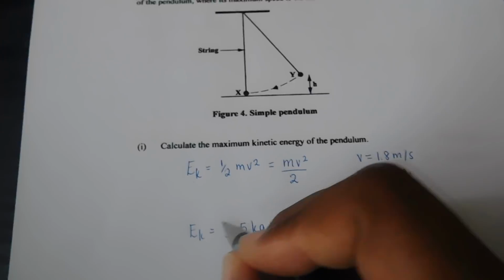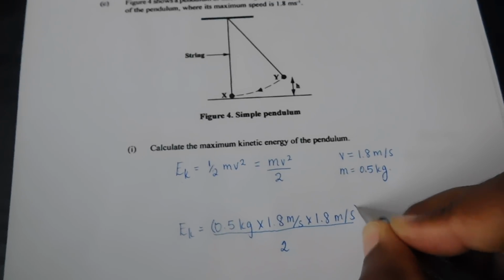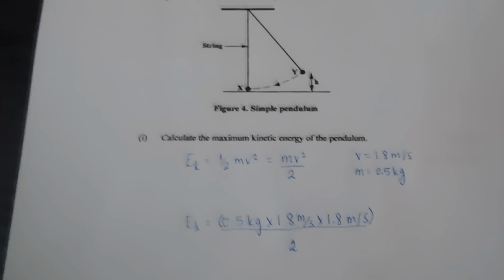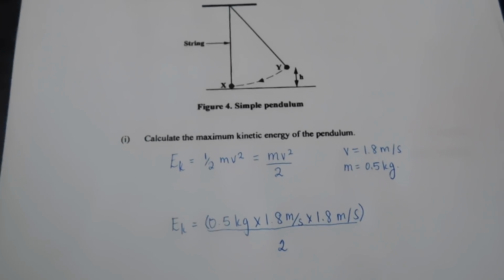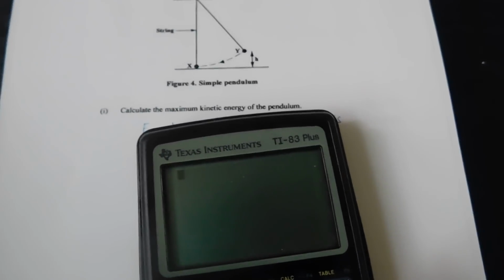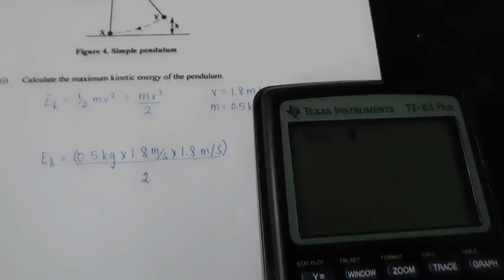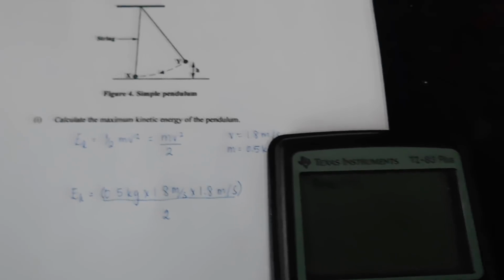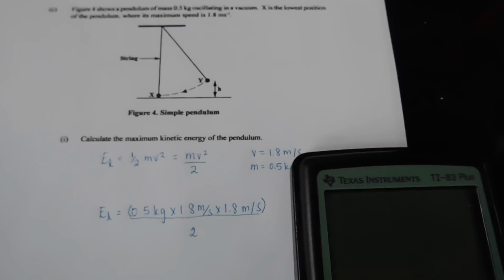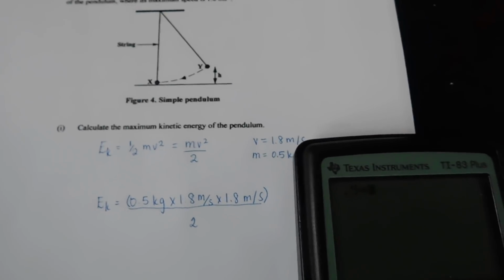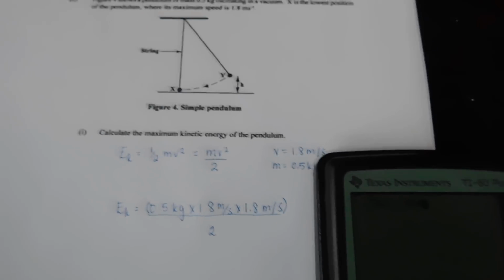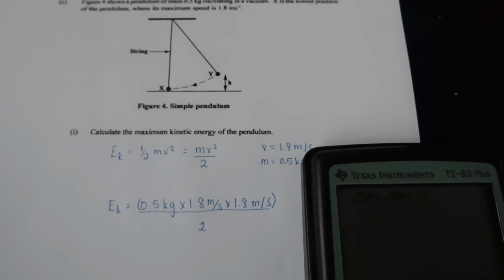When you calculate that, you want to calculate the top first, put it in brackets and then divide by 2. And look, I have my calculator today. See, the phone was better because you could see everything. So you're going to say 0.5 times 1.8 times 1.8.